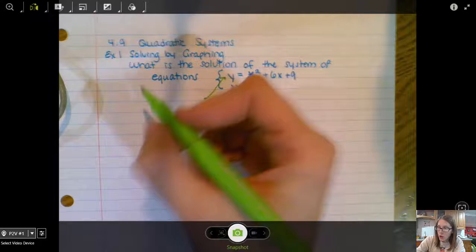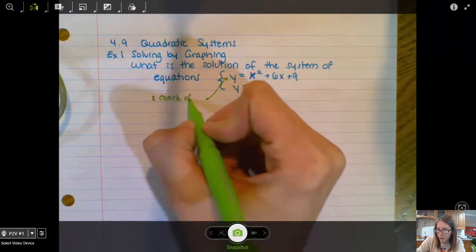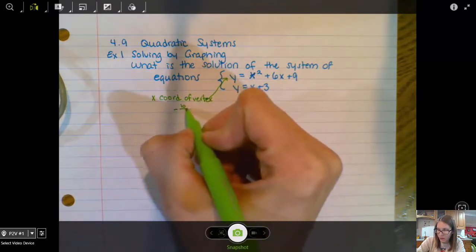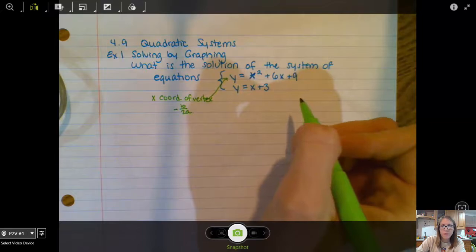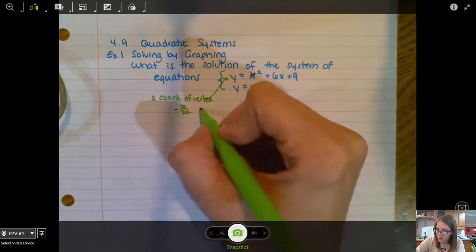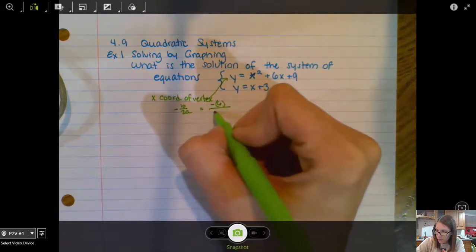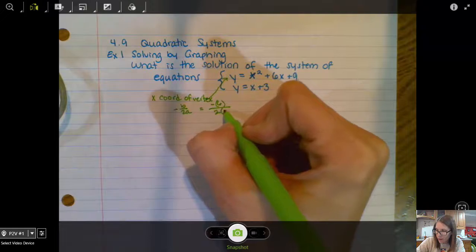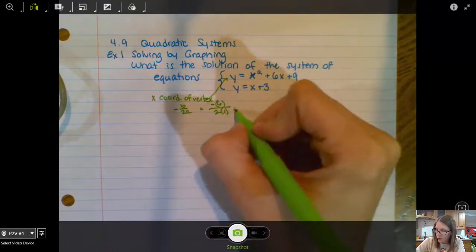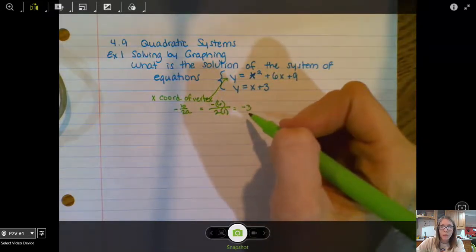And if you remember, we get the x coordinate of the vertex by taking negative b over 2a, which in this case b is 6, and a is 1. So negative 6 over 2 is negative 3. Negative 3 is the x coordinate of my vertex.